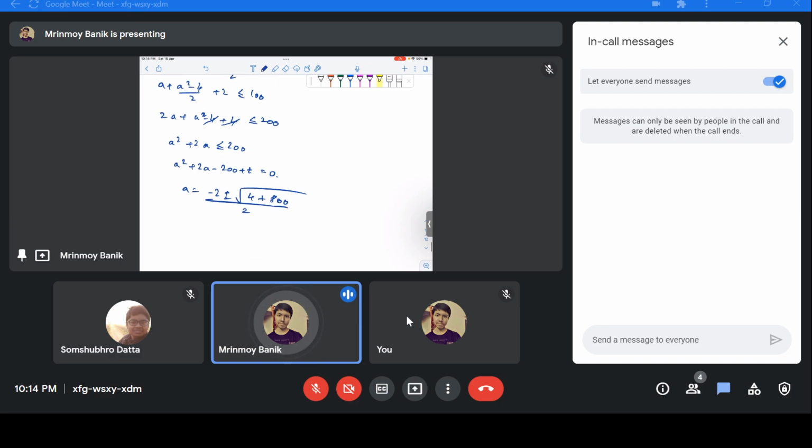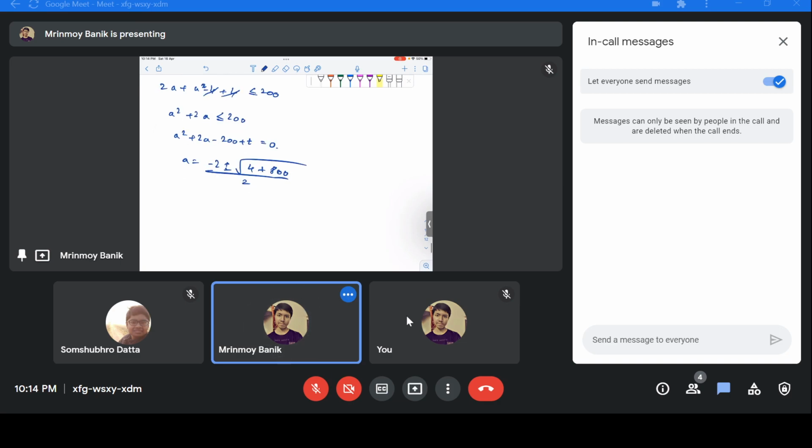I guess the bound is coming as 20 or something, is it? So it is 804. So the square root of 804. 1,000 should be 330, I mean.